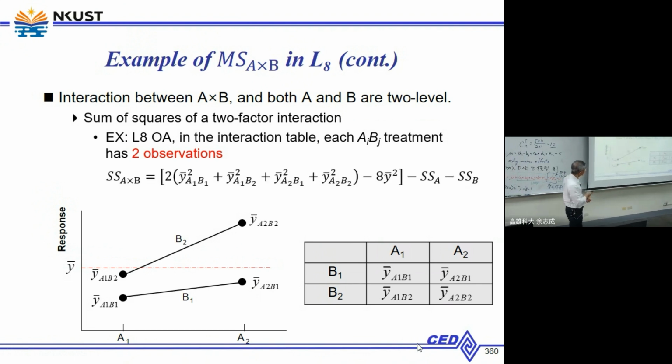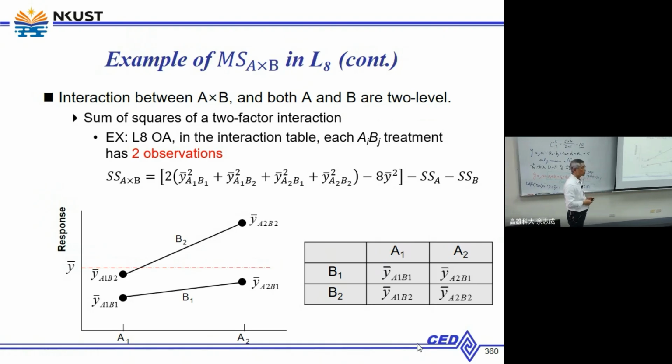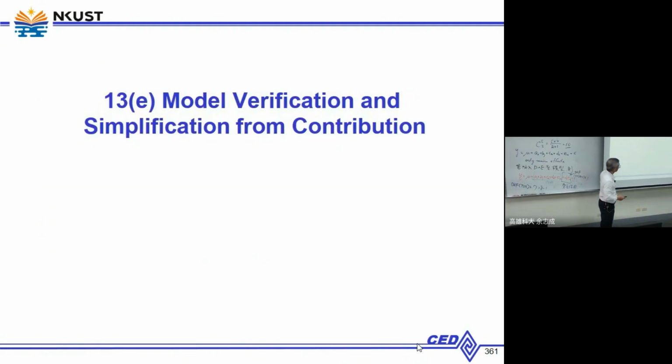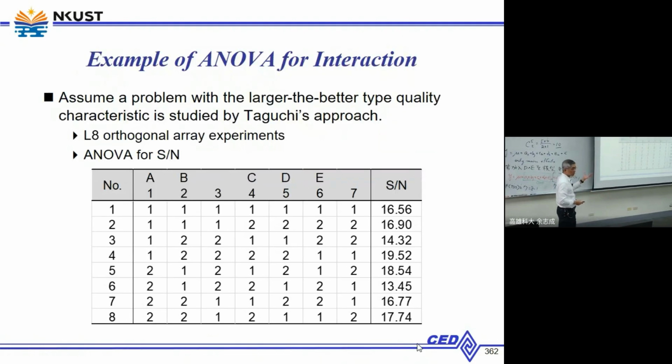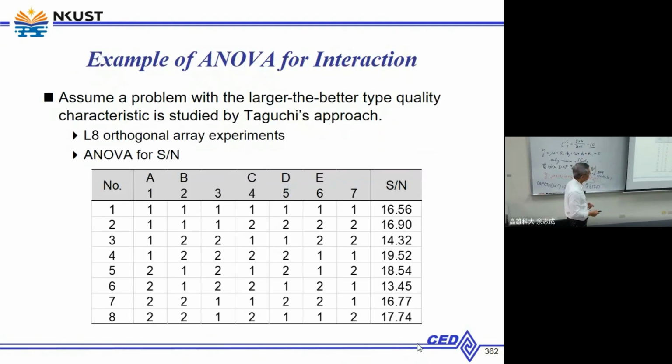This is the total sum square for the difference between these two. This can be done using the Excel sum square function on these 4, so we don't need to type each equation. We just select these 4, then we get the result. And how do we put that in the ANOVA table?